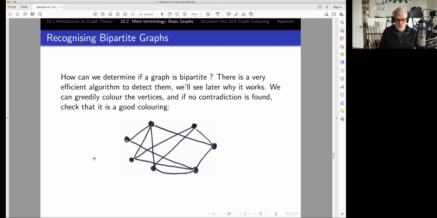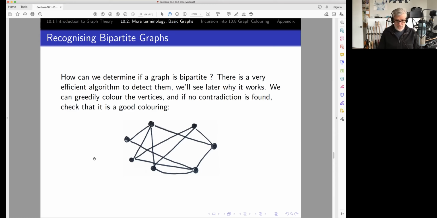I'm not going to show you why it works right now, but I'm going to show you how it works. Okay, but not why it works. And the trick is this. It's the simplest algorithm you can imagine. If the graph is bipartite, it means I can color the vertices with two colors such that the edges never connect two vertices of the same color.